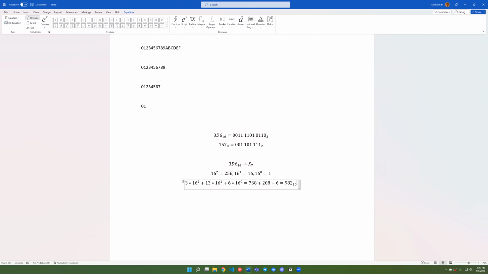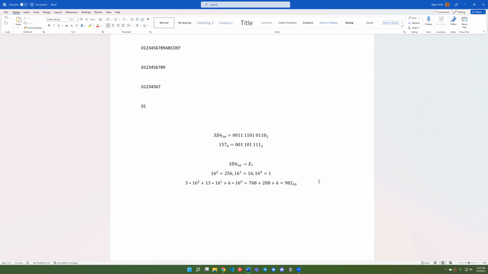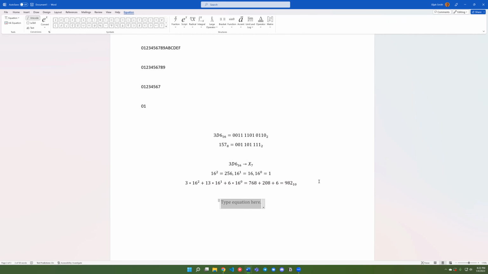And now we can take our base 10 and convert it into anything we want. So let's list out our sevens places here. So 7 to the 0th is equal to 1. 7 to the first is equal to 7. 7 squared is equal to 49. Let's do 7 cubed.